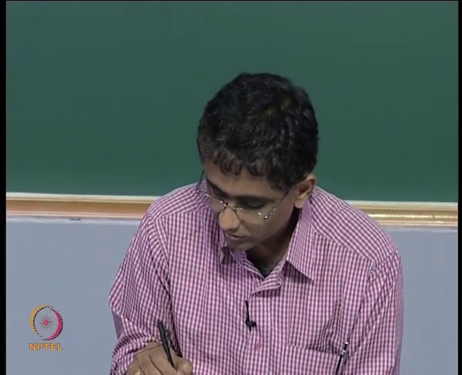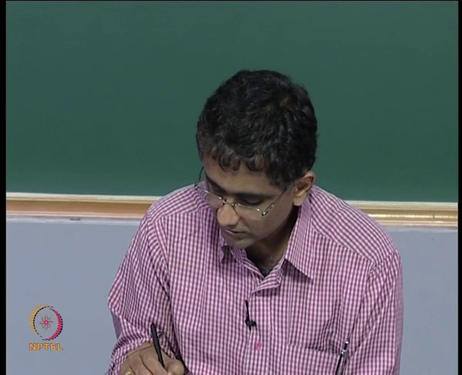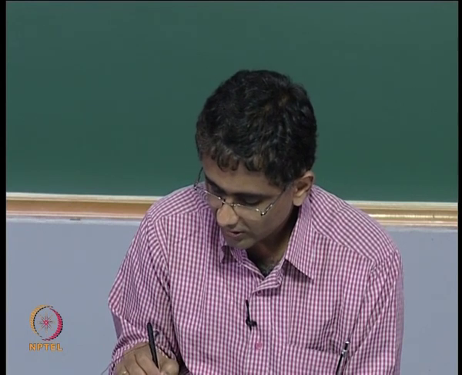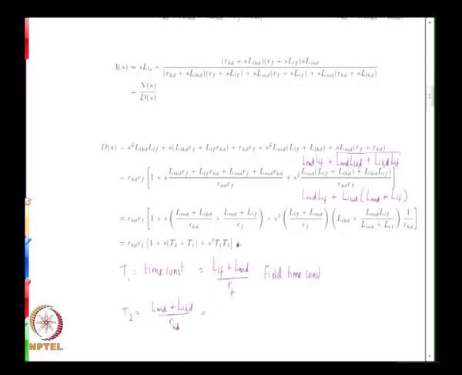Similarly, we can define a time constant T2 as LMD plus LLKD divided by RKD. The numerator is nothing but the inductance of the D axis damper circuit, denominator is the resistance of the damper, and therefore this is nothing but the D axis damper time constant.